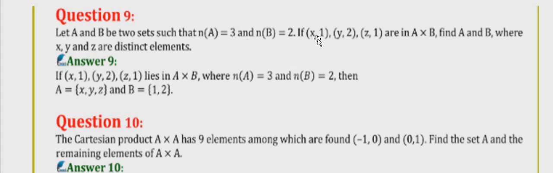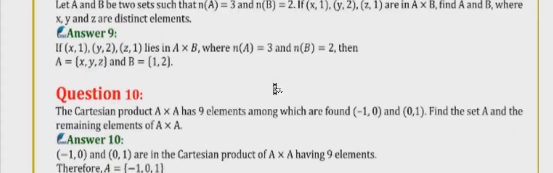You can see x, y, z should be in the first set. So A should be {x, y, z}. And the second set B contains the second elements, meaning 1, 1, 1, and you know one element is written only once. This will be the set B.